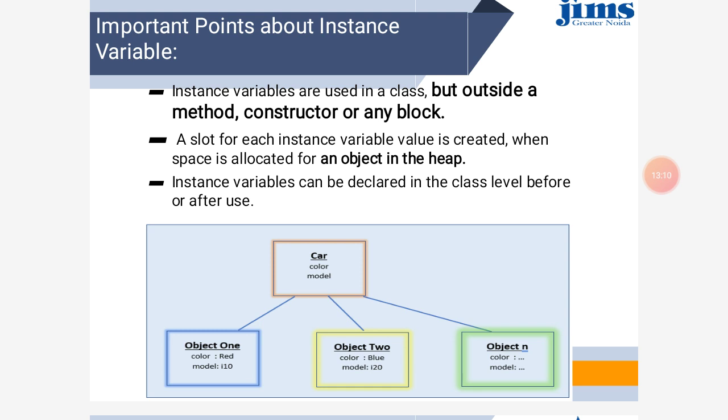In the first one, object 1, the color is red and model is I20, and in the second one the color is blue, model is I20, and similarly for object N, it has its own color, it has its own model. So objects are stored in heap. So instance variables are stored based upon the class.